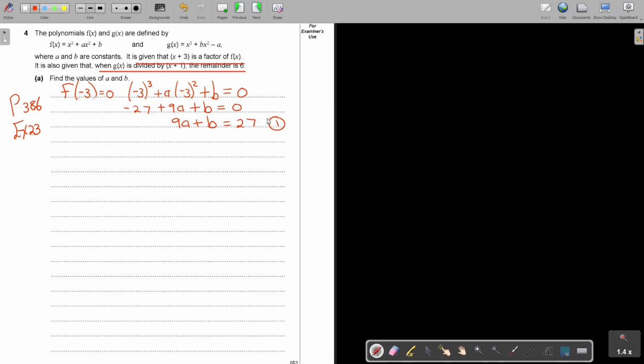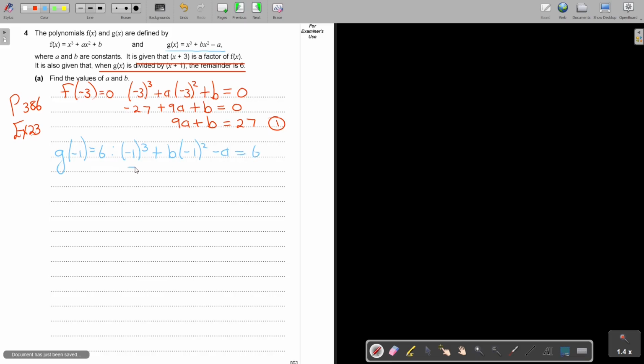I'm going to swap colors so that we see better. If I put -1 into g, then I have a remainder of 6. So in g, I'm going to put -1: (-1) to the power of 3 plus b(-1) squared minus a, and that's equal to 6.